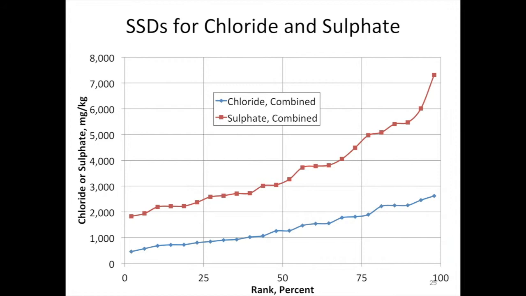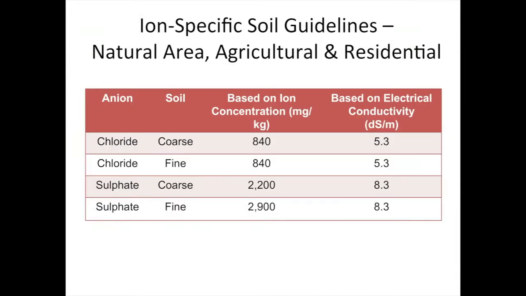But this image demonstrates clearly that there is a difference in sensitivity of the plants to those two ions. And then if we turn that into numbers, there are two ways of developing guidelines from these data sets, and they both have applications. They're both useful.